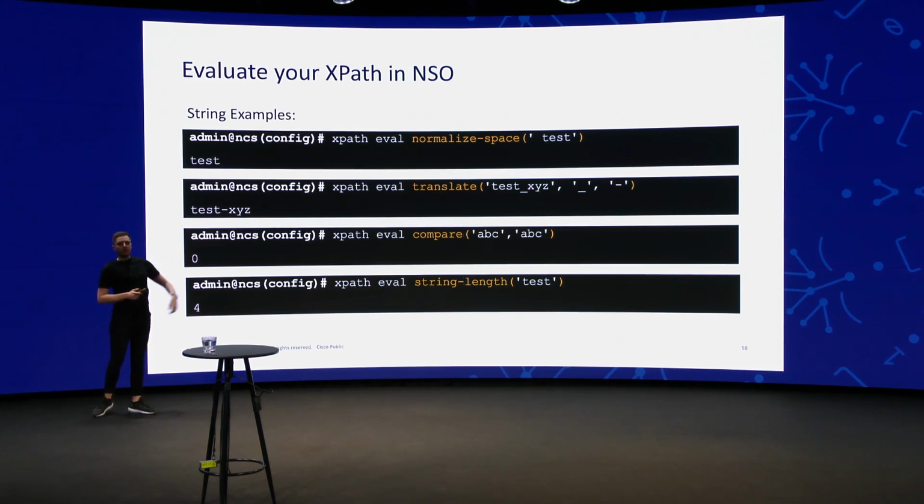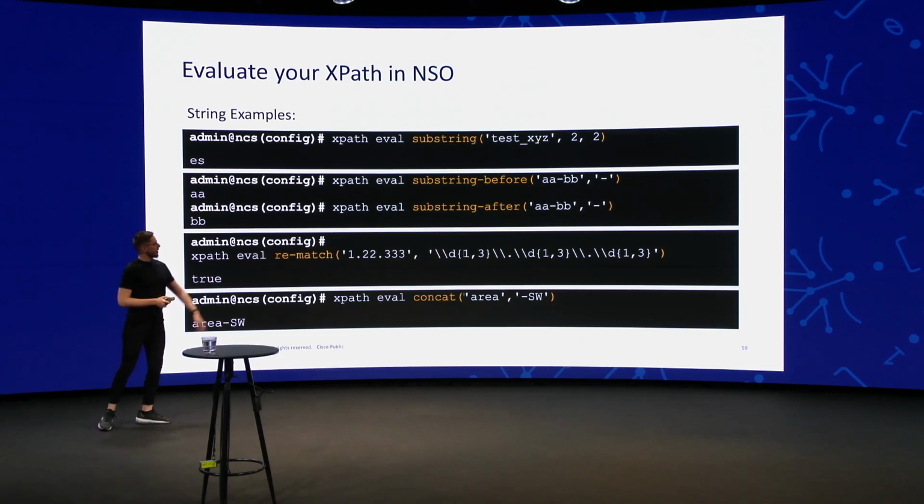Compare: we can compare two strings in XPath. If it equals 0, it means that this matches. If not, if there is some 1 or 2, it will show what the difference is in terms of characters. String-length is self-explanatory, in this case 4, for the string test.